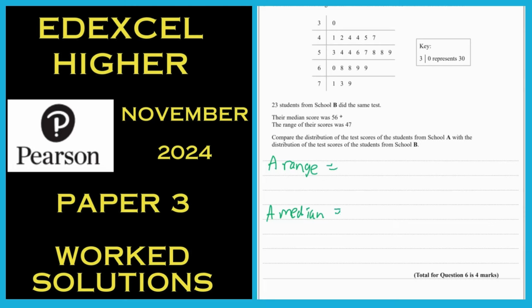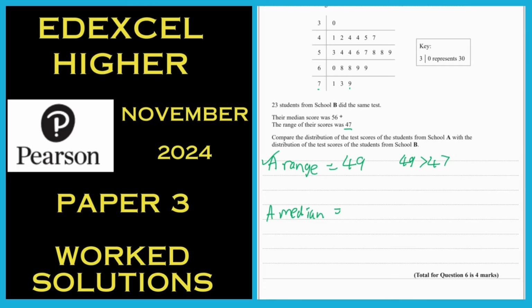So range is largest, 79. Take away smallest, that's 30. That means A's range is 49. And the statement you need, because that earns a mark, you now need a comparison. 49 is bigger than 47.